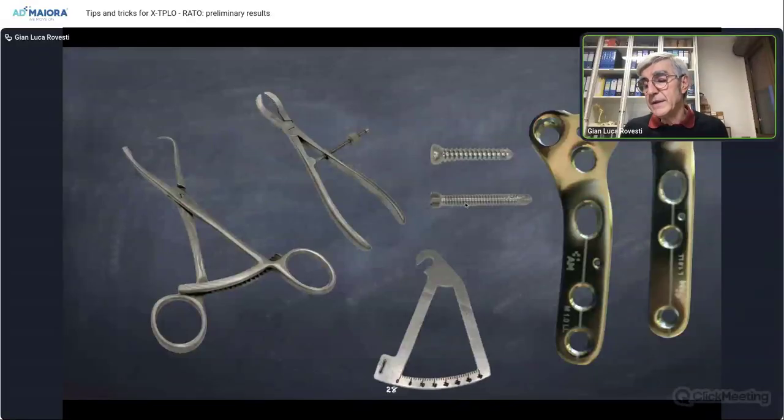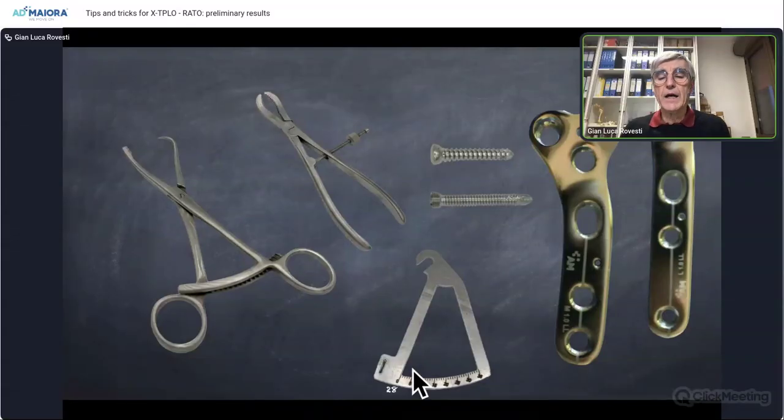Our idea was not to start with a new proprietary screw system, but with Synthes compatible implants. So if you have Synthes implants, you can use the plates without any problem, okay?